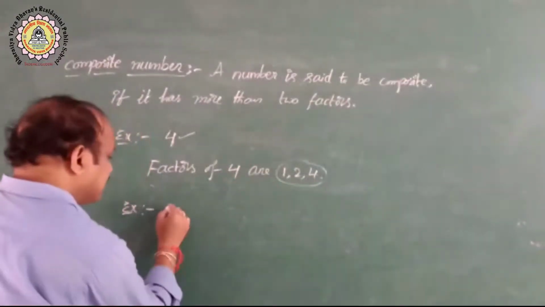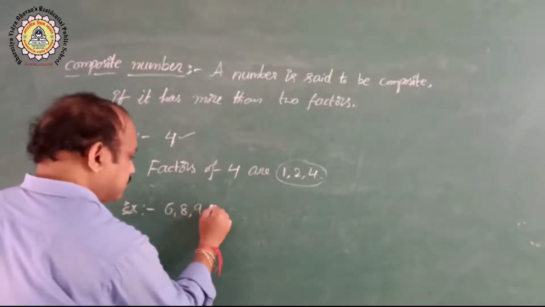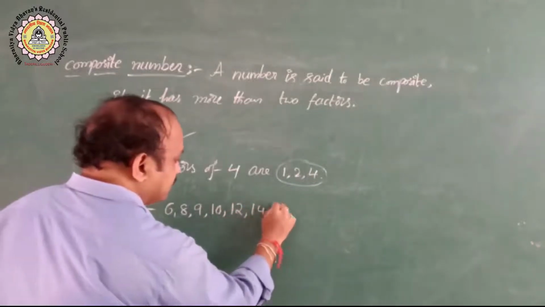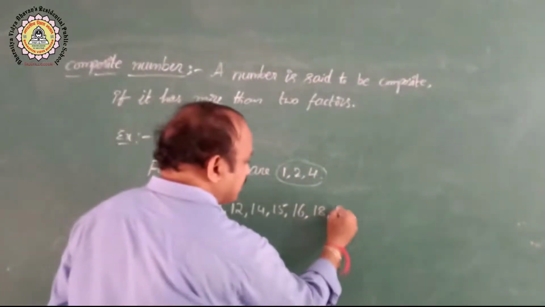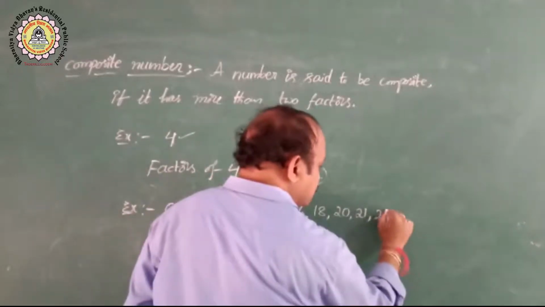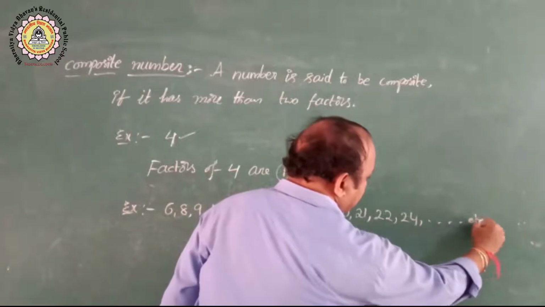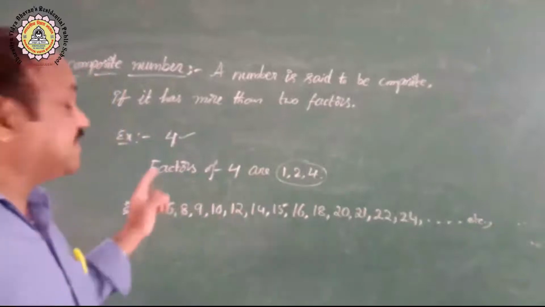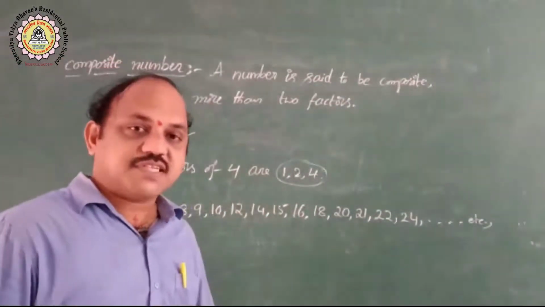Next, 6, 8, 9, 10, 12, 14, 15, 16, 18, 20, 21, 22, 24 and so on. So these are all examples for composite numbers. Okay? Do you understand?